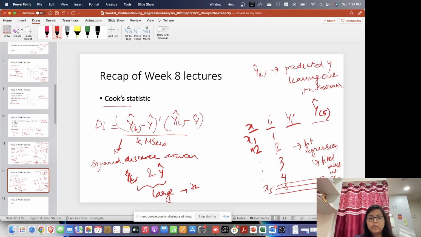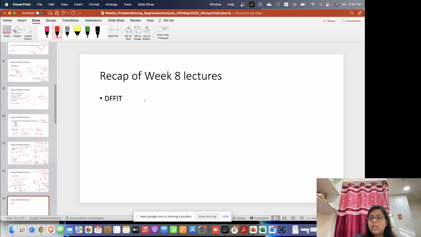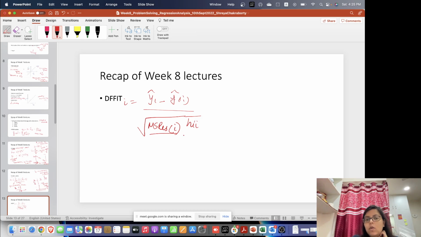And also we learnt about DFFITS. So DFFIT_i was also similarly given as y hat minus y hat_i. It's not the squared distance but just the distance, and it is scaled by root of MS residuals_i times h_ii, where MS residual_i is the same thing.